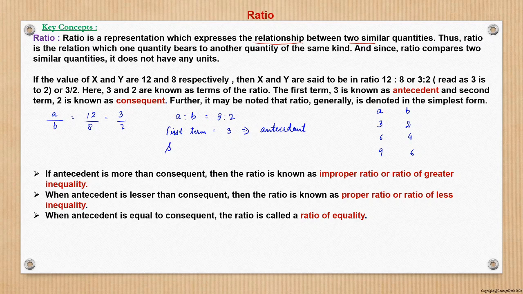And the second term, 2, is known as the consequent, right? These are some standard terms we just need to know: the first term of any ratio is known as the antecedent and the second term of the ratio is known as the consequent.